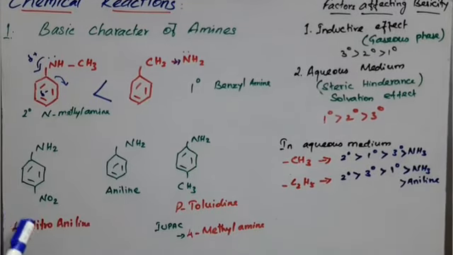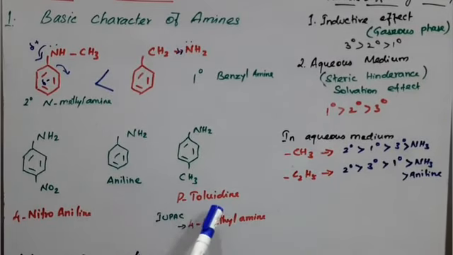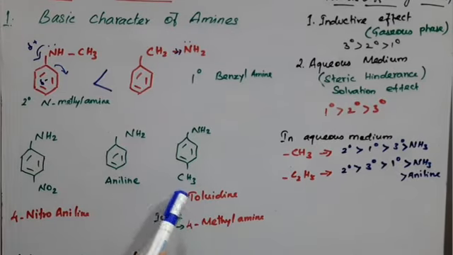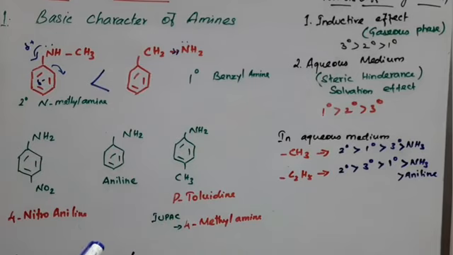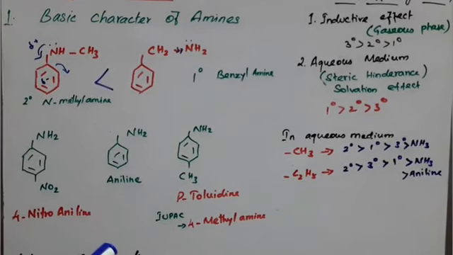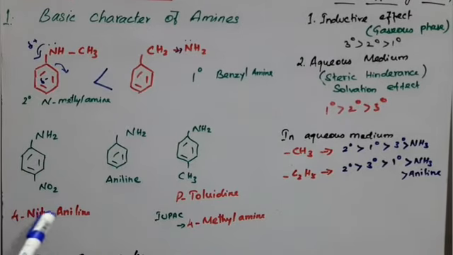Okay, so here you see 4-nitroaniline, aniline, and paradolidine, which is a commercial name, its IUPAC name is 4-methyl amine. Okay, right. So among these three, which one has more base character? Children, such type of question is asked to solve the basic reactivity order.